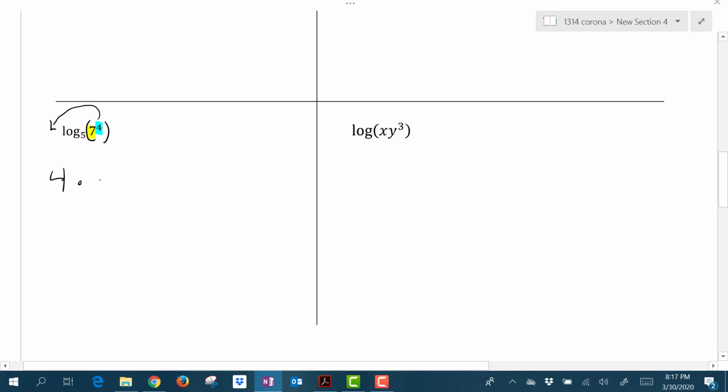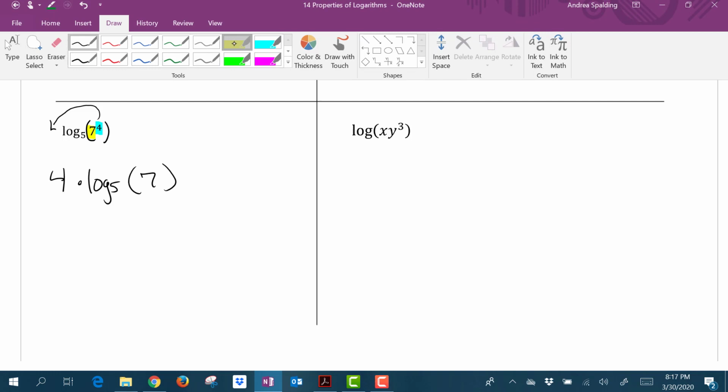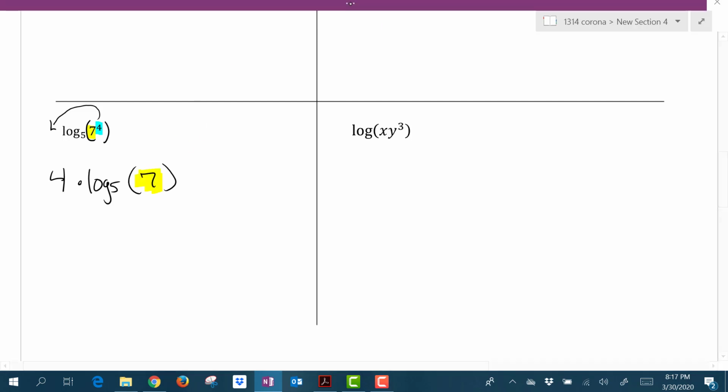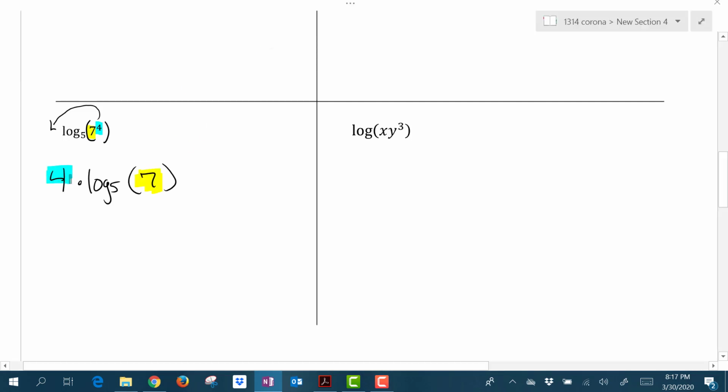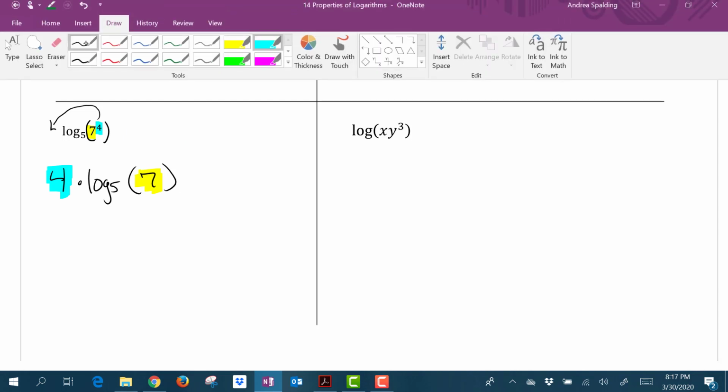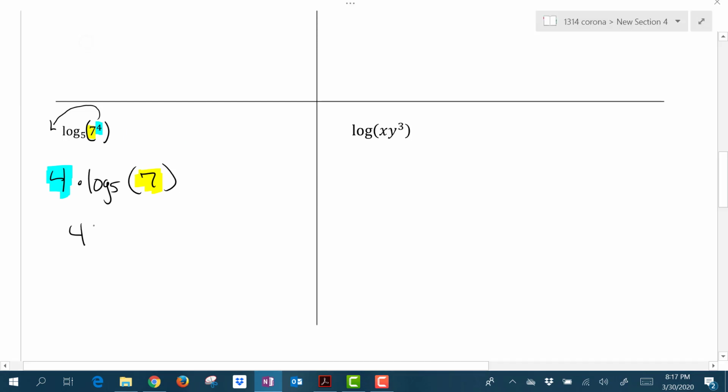So it becomes 4 times log base 5, and what remains inside is just the 7. Now we don't have to put the dot to represent multiplication. Sometimes you're going to see it as just 4 in front of the log. So 4 log base 5 of 7. If you want to write it like that, that's perfectly fine.